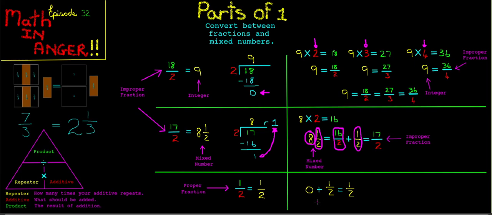So you're basically trying to write 0 and 1 over 2. This is why you don't get asked to write a proper fraction as a mixed number in an exam. It's because it actually doesn't make sense.